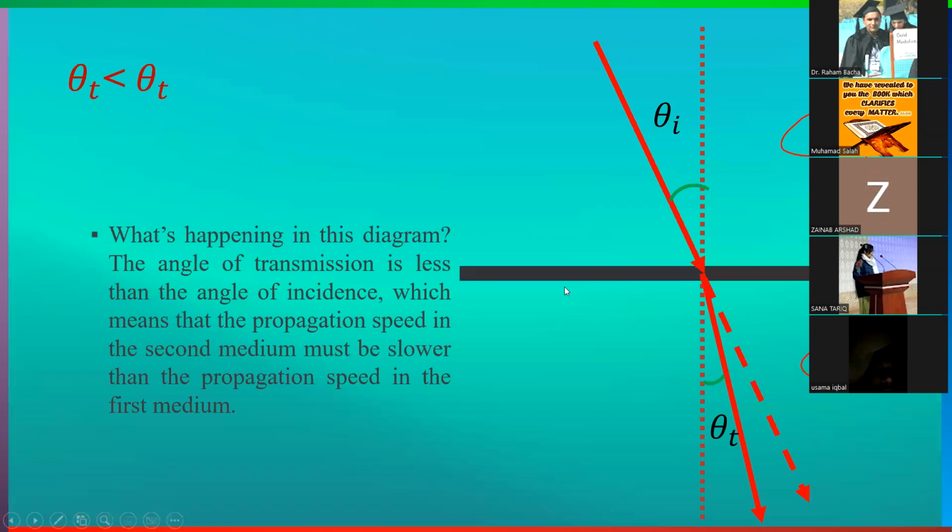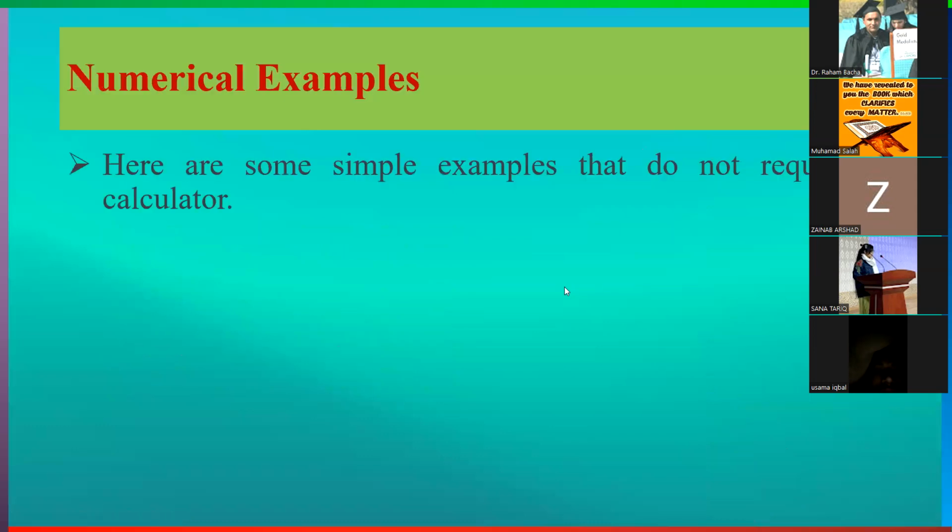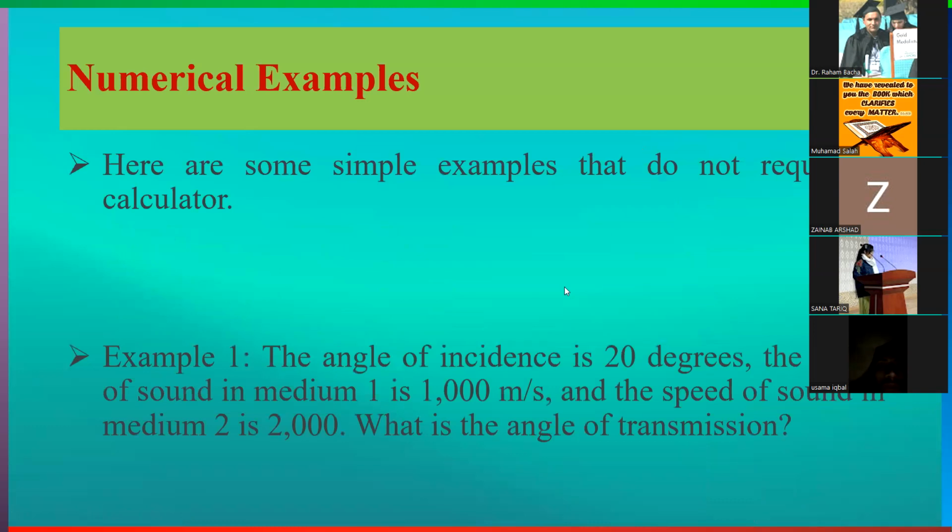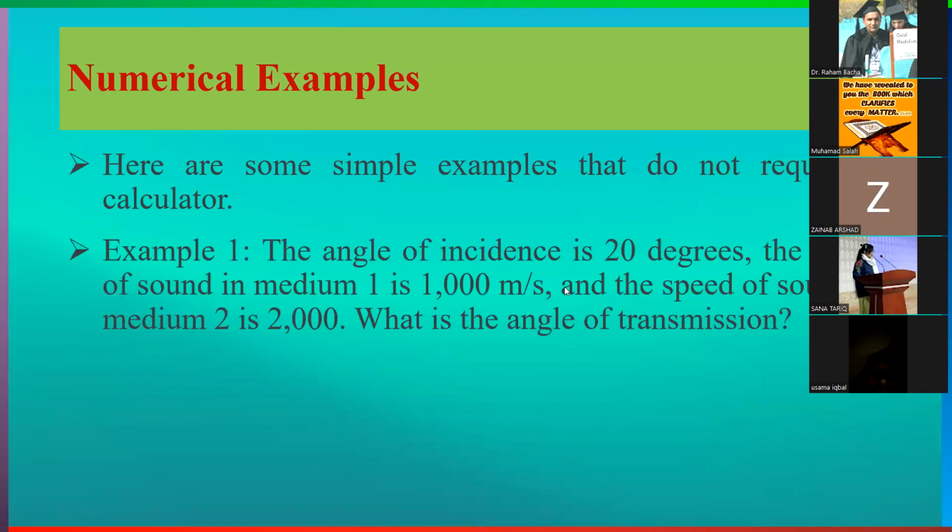Here you can see a numerical example. The angle of incidence is 20 degrees. The speed of sound in medium 1 is 1000 meters per second, and the speed of sound in medium 2 is 2000. What will be the angle of transmission?